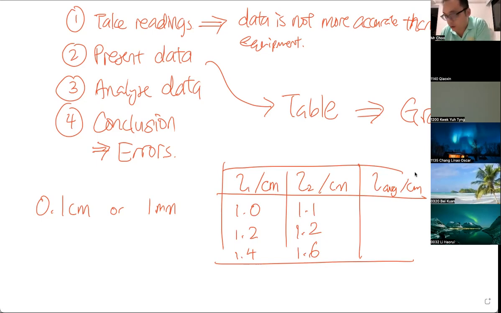Let me go to the next page. I'll give you an example. This is what I've always been sharing with you in your calculation, which is the same theory. For example, if I use a meter rule to measure your height as 173.2 cm, then this is your height.